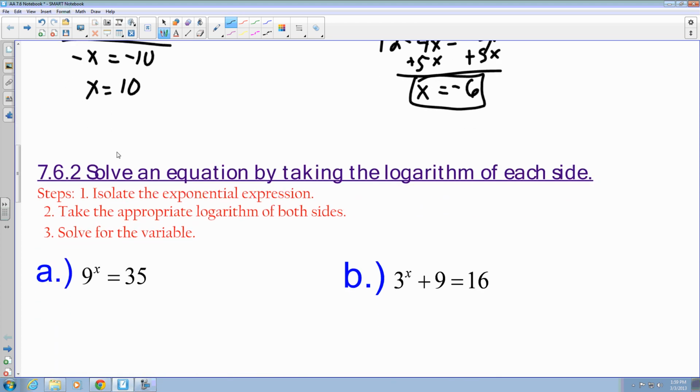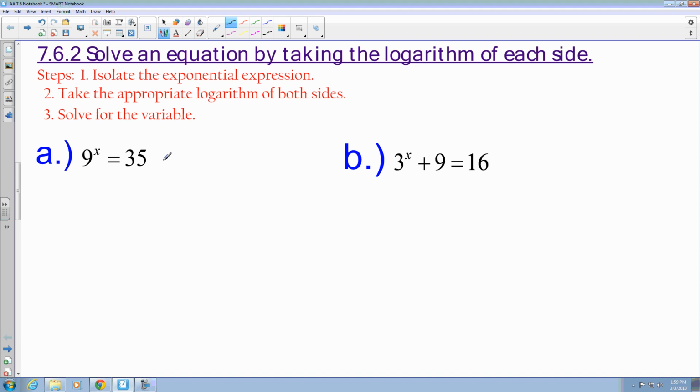Next, I want to be able to solve an equation by taking the logarithm on each side. So I have 9 to the x power equals 35. The first step is you're going to have to isolate the exponential expression. For this first example, we already did. After that, we can take the appropriate logarithms to both sides.